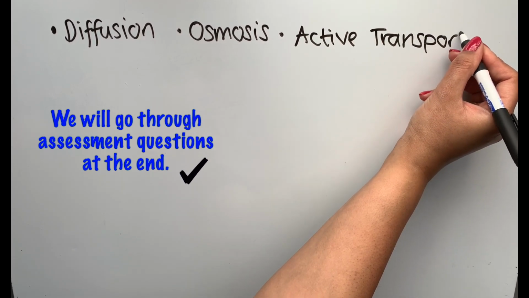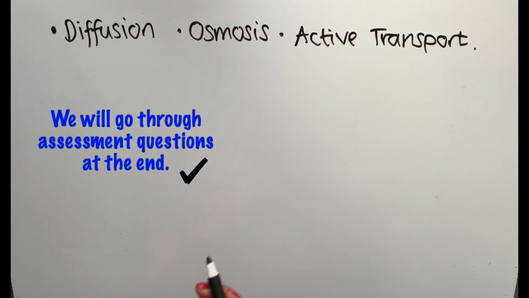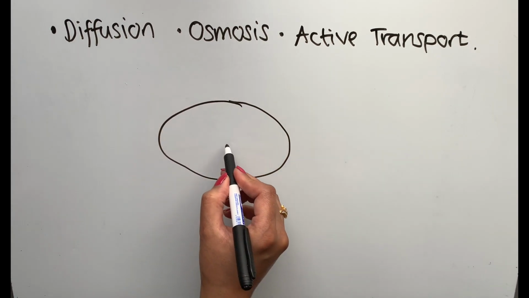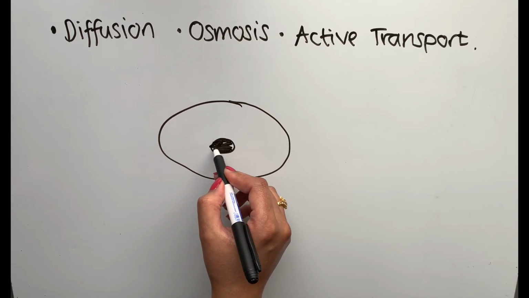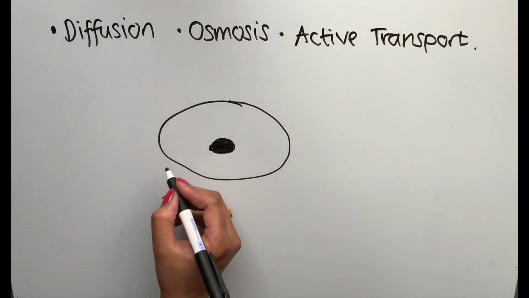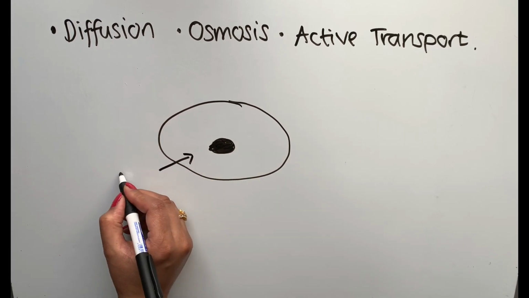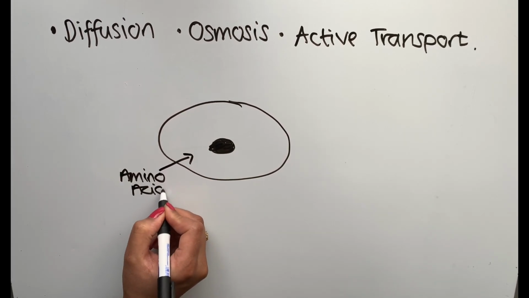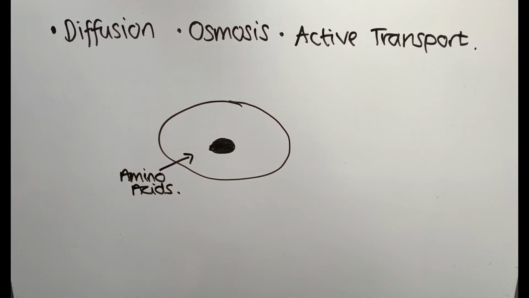First of all, when we think about movement in and out of our cell, if we've got an animal cell here, the kind of substances that may need to move into our cell could be things like amino acids, which are needed for nutrients.